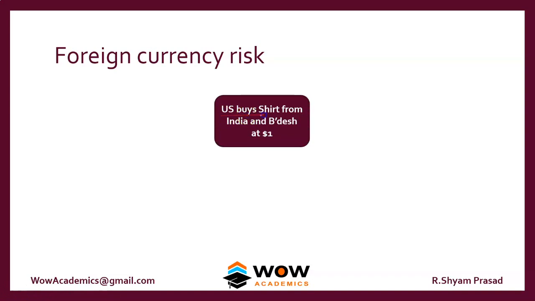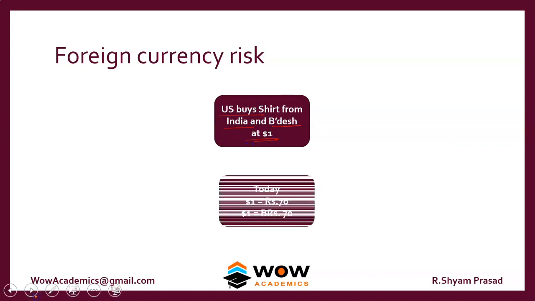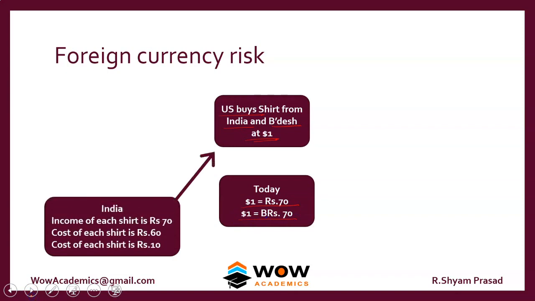Assume that there's a US company and it buys shirts from India and Bangladesh at $1. So the rate today is $1 is equal to 70 Indian rupees and $1 is equal to 70 Bangladesh rupees.